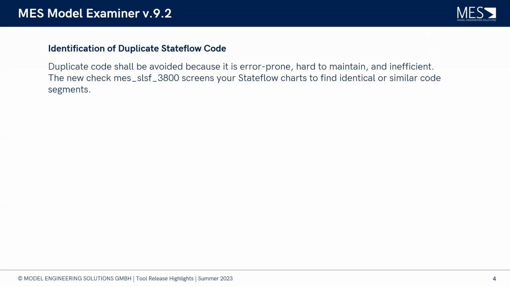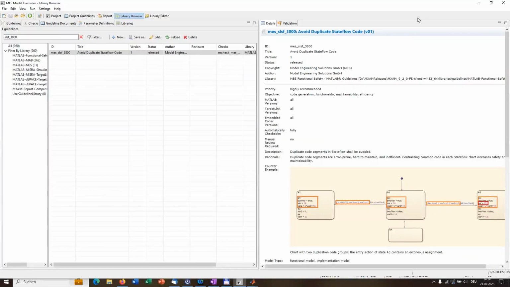Yeah, sure. I think so as well, that is a nice new feature, and we'll have a look at the guideline here in the tool. As you said, regarding model metrics, we have the feature of detecting clone groups in Simulink subsystems, and now this is an extension so that we also look at duplicated code in Stateflow charts.